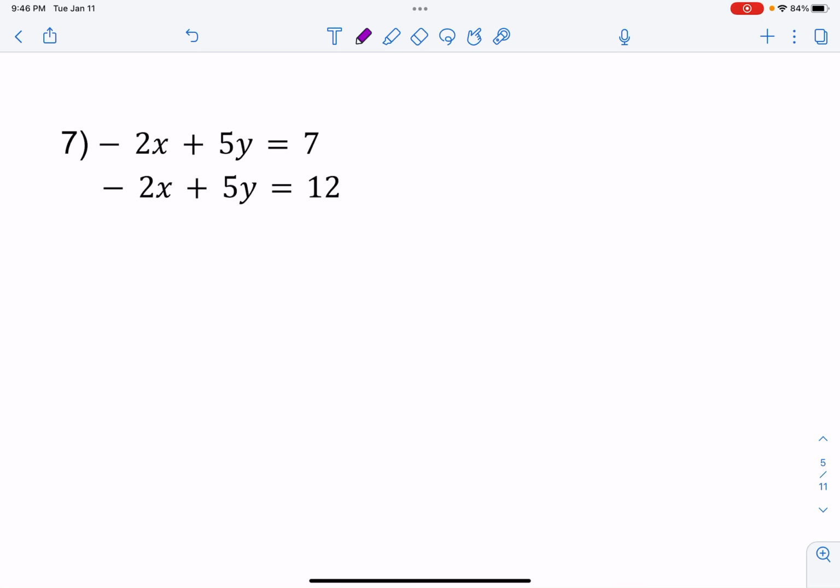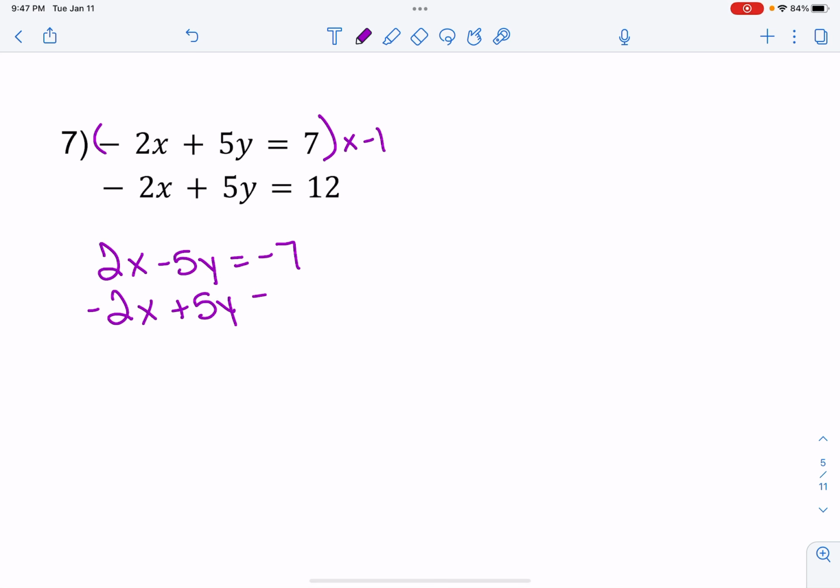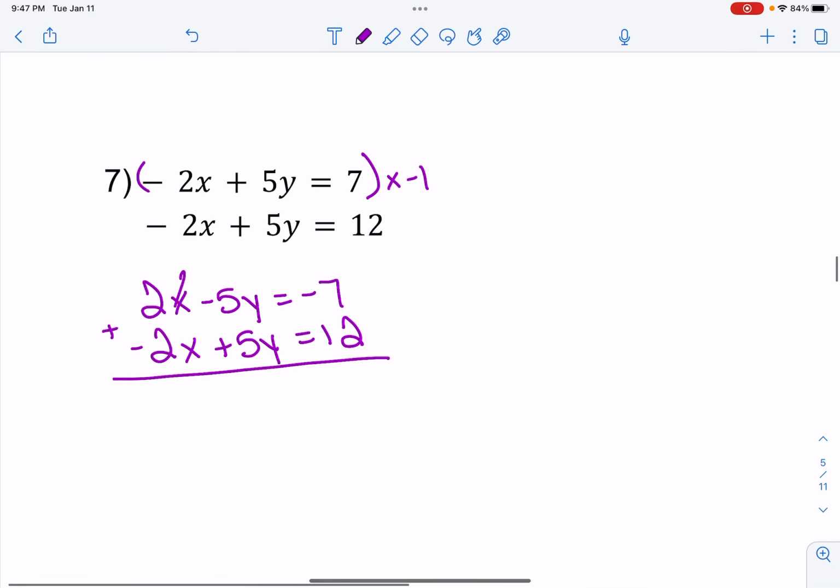So I'm going to choose this top equation. I'm going to multiply everything up top by -1. So then we end up with 2x minus 5y equals -7. I'm going to bring down that second equation, and we're going to add everything together. 2x plus negative 2x, whoopsies, goes away.